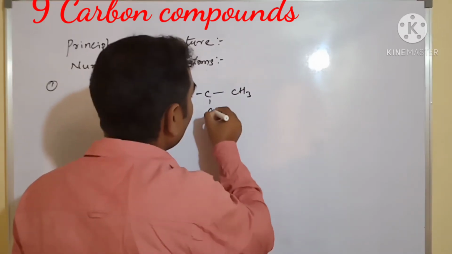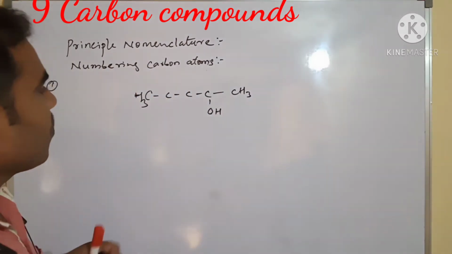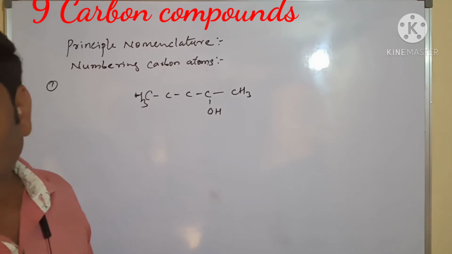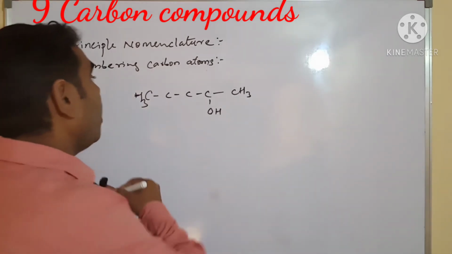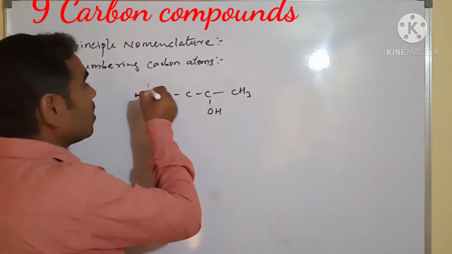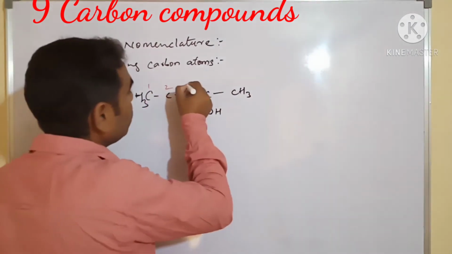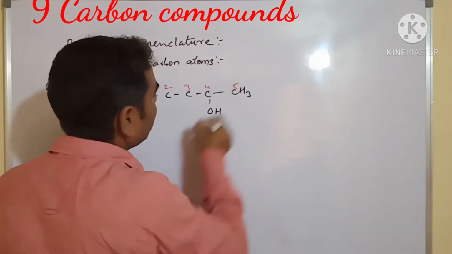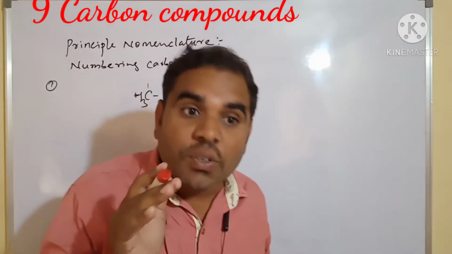Here one functional group is there. If you number this way, left to right, 1 2 3 4 5, this is wrong.